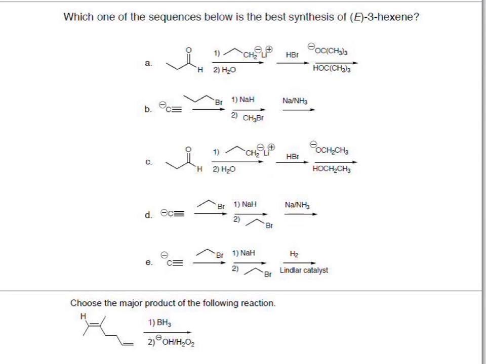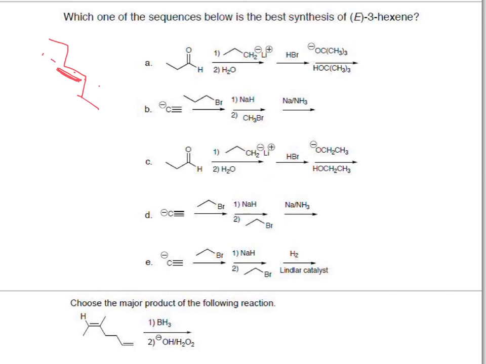All right, so the question here is which one of the sequences below is the best synthesis of E3-hexene? So let's first just draw that on the side so we know what we are talking about. 1, 2, 3, 4, 5, 6. And we know that it is E because your high priority groups are across the double bond on opposite sides.